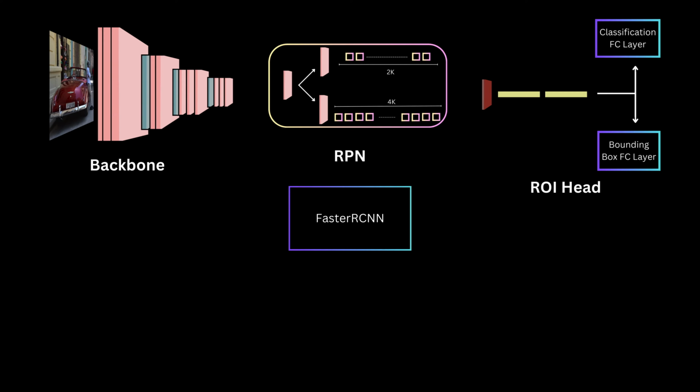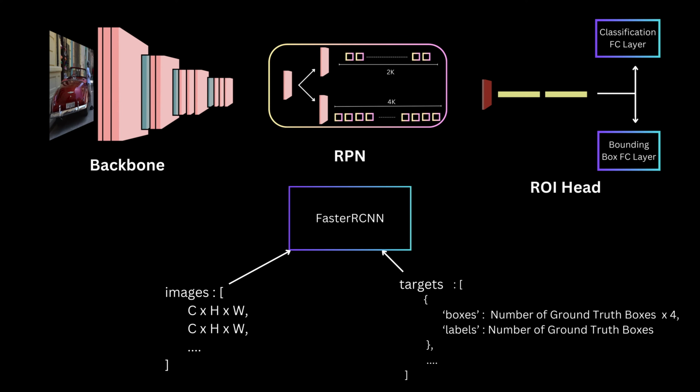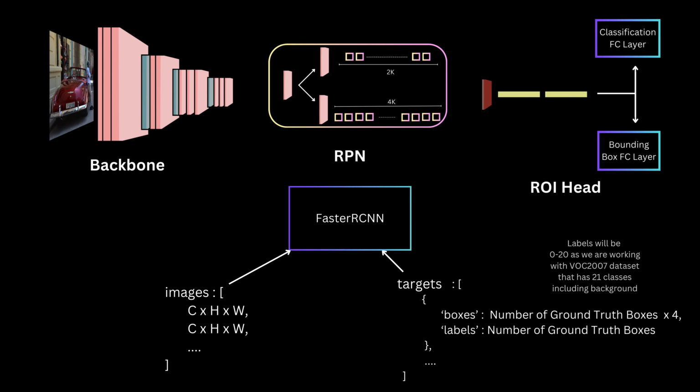And as input, it accepts the images, which is a list of image tensors containing all the images in the batch, and targets, which is also a list, but a list of dictionaries for these images, with keys boxes and labels having the box coordinates and class labels for the ground truth boxes of these images.